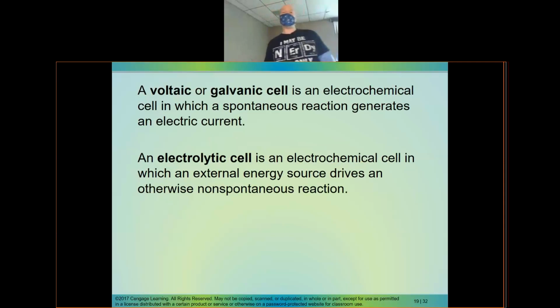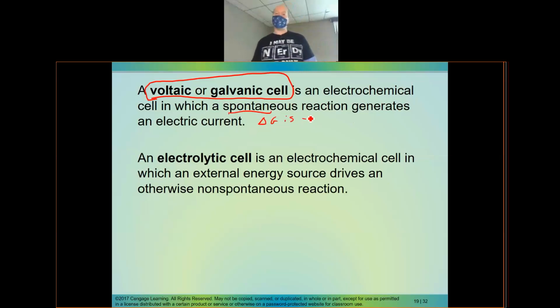When it is a spontaneous reaction in your electrochemical cell, it is called a voltaic cell or a galvanic cell. So as soon as you see the term voltaic cell or galvanic cell, you know that this is spontaneous. You know that your delta G is a negative value.